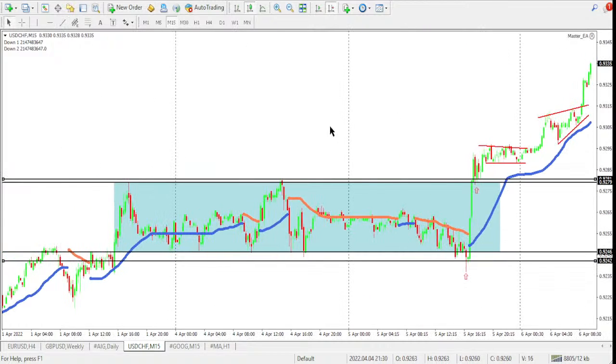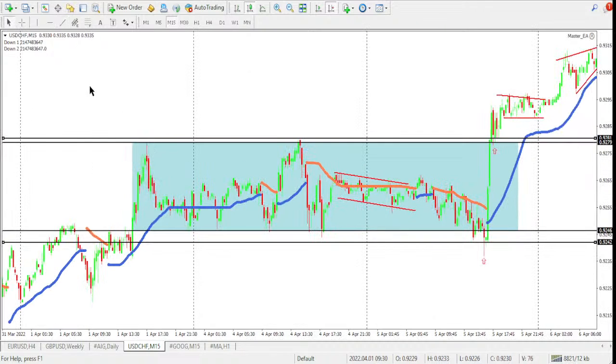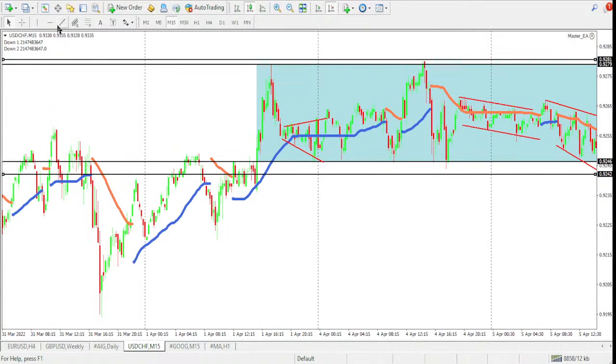And in the past, in between this rectangular formation, we had another one. And then we had another one there. Then we had another one there. Then we had another one there.